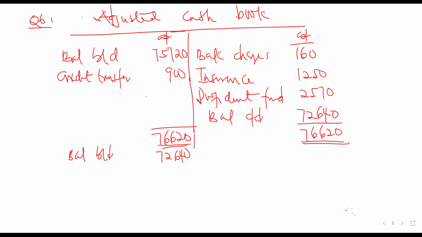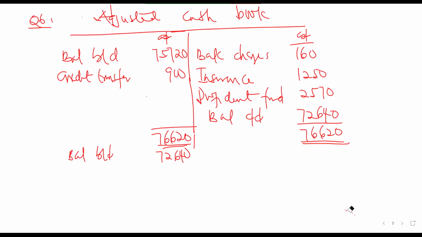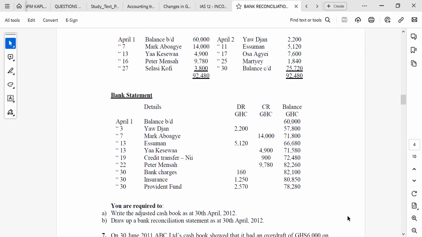I'm getting a difference on 75,720. So let me re-add. 75,720 plus 900 minus 160 minus 1,250 minus 2,570 is 72,640. Okay, I'm okay now.